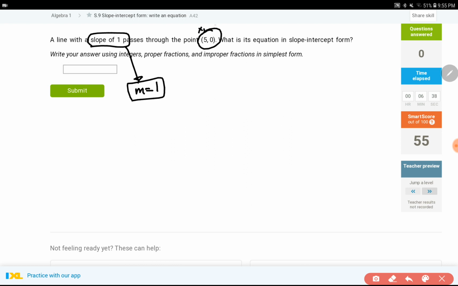So x1 is 5, y1 is 0. Let me just put it this way. x1 and y1 is the same as (5, 0). And the slope was equal to 1.